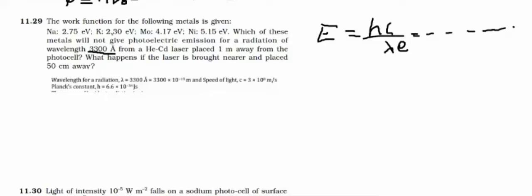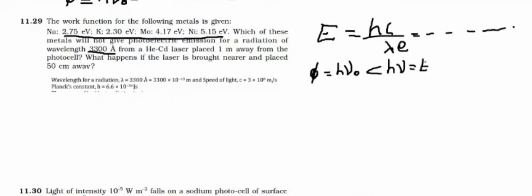If the work function given here is less than the energy of the radiation, then you will get photo emission. Because always the work function phi, equal to h nu naught, must be less than h nu, that is E. Then only you will get photo emission.